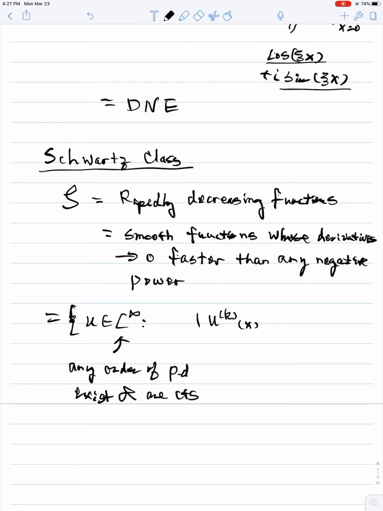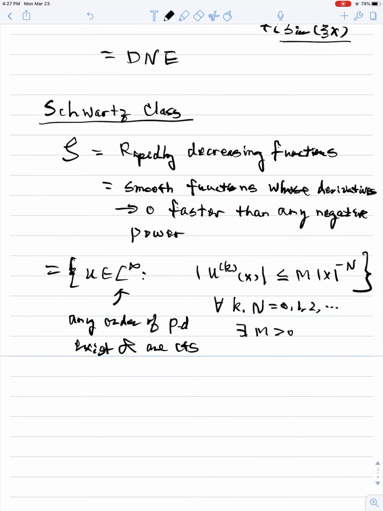Any order of derivative, or partial derivative if you have more than one variable, is less than some constant M times the norm of x to the power of n, for any k and n, which are natural numbers or non-negative integers, and there exists some constant M. So this is by definition the Schwartz class.